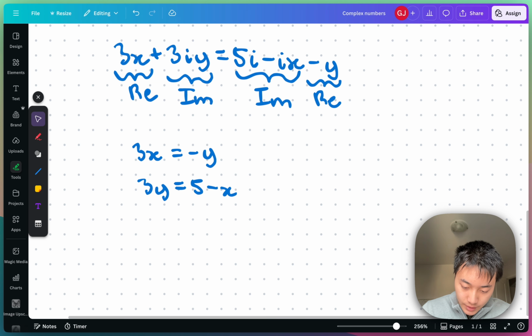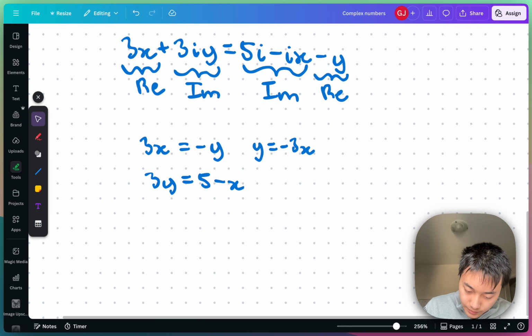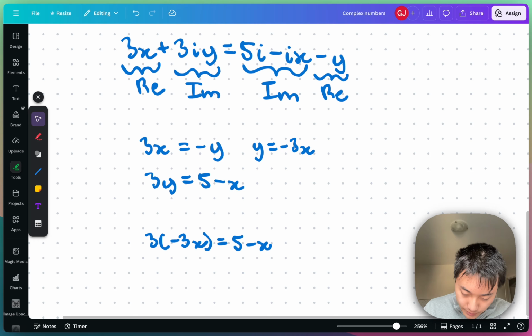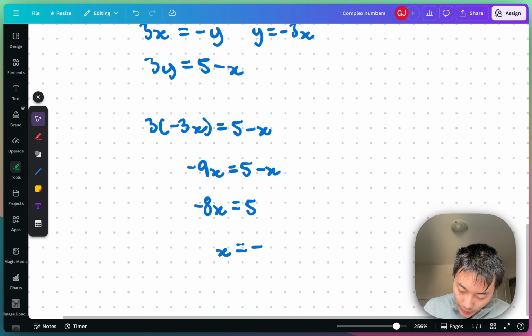What we can do is rearrange the first one, so y equals -3x, and we can substitute that into the second one, so 3x equals 5 minus x, -9x equals 5 minus x, and that is... Okay, so -8x equals 5. So x is -5 over 8.